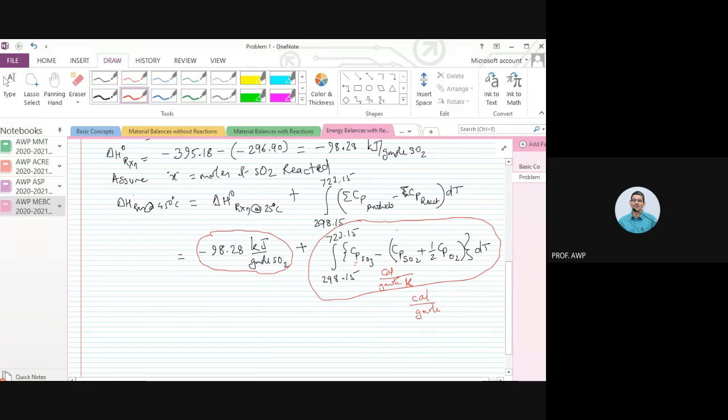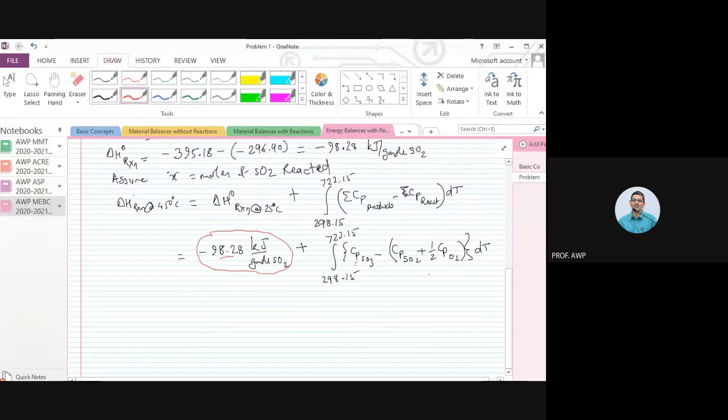So if you want to keep the same set of units, we can either convert this 98.28 into calories, or we can convert these calories into kilojoules. Which one do you want to do, Atharva? Sir, this integral we will have to convert to kilojoules. So we will do that.